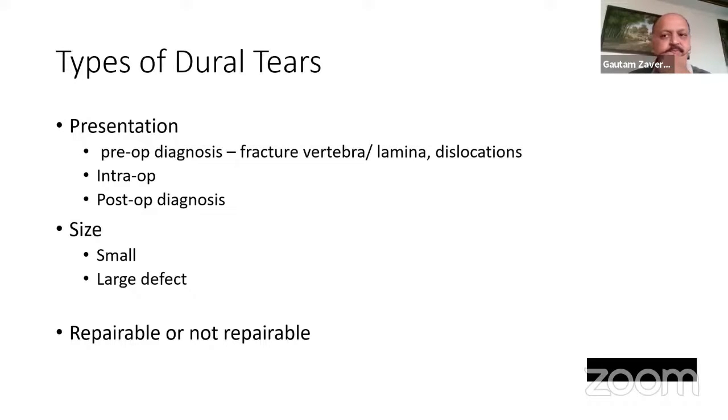Intraoperative dural tear. Once we come across the dural tear during surgery, we have to take corrective measures, and we'll see how to proceed. And then comes the post-operative diagnosis.